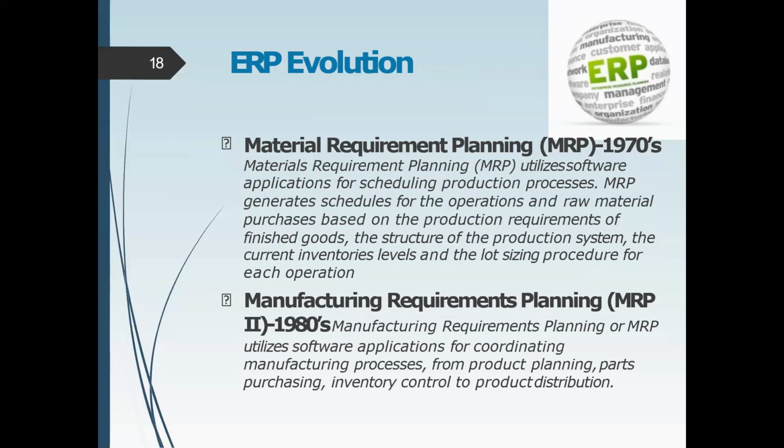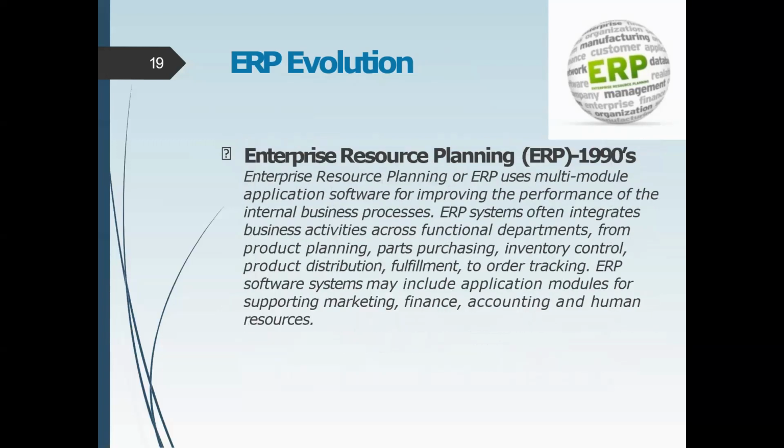Later on, in the 80s, it evolved further and utilized software applications for coordinating the manufacturing process within the departments of manufacturing and inventory control. However, other departments were separated, and it was controlling only inventory control, production, and distribution. Later on, it evolved further in the 90s, and it used multi-module application software for improving the performance of internal business units differently.